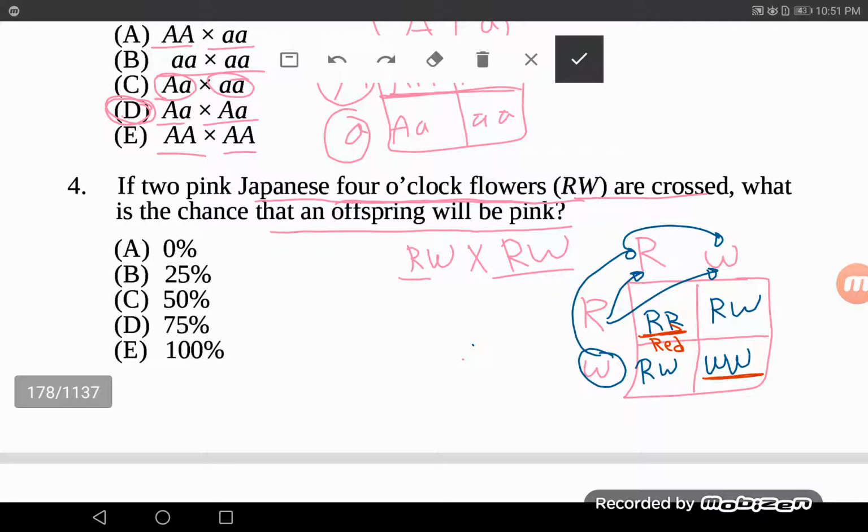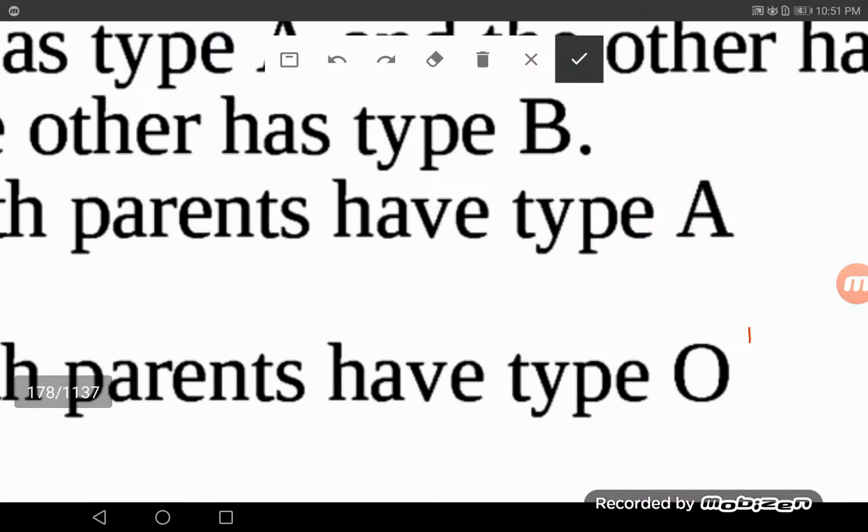For this one, the color of the flower will be white because we have two W, two white alleles, while two of the flowers will be pink.